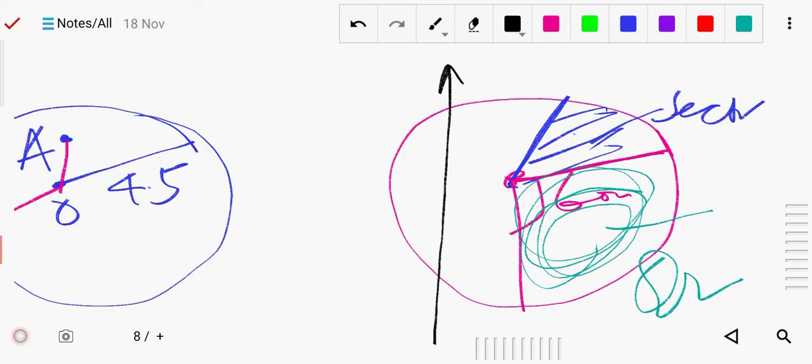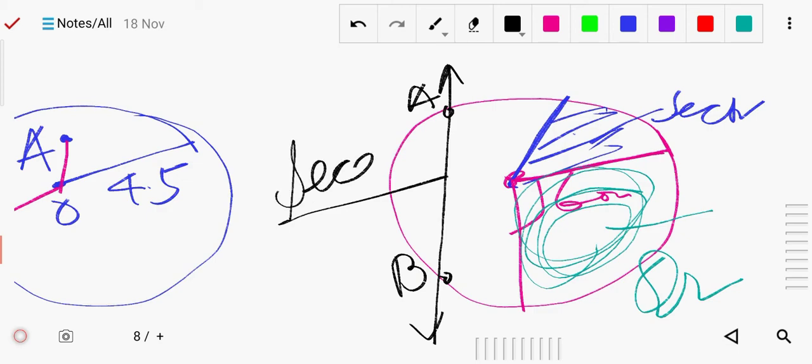Now mention these 2 points, like this, A and B, and this is your secant. You can write it, this is your secant. So likewise you have to do it. Now next, you have to name it also. Very carefully write the names like A B C D E.